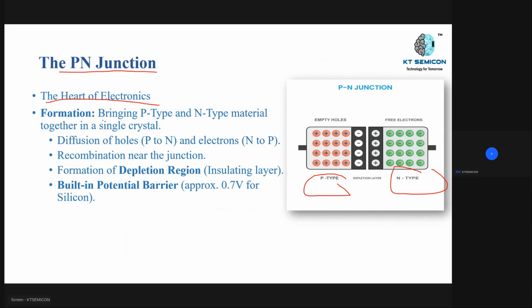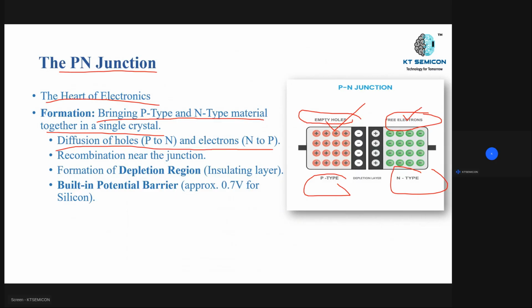How is it formed? By bringing both p-type and n-type material together in a single crystal. So see here, this is my single crystal, in which we combine both p-type and n-type. In p-type my majority carriers are holes, and here we have more free electrons, right? There is diffusion of holes to the n side and electrons to the p side.